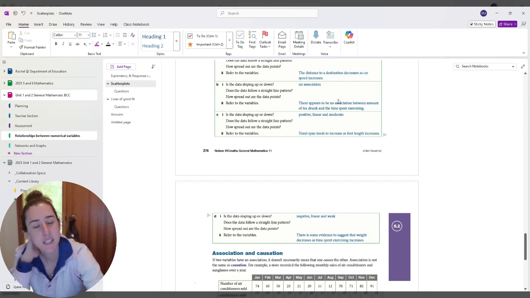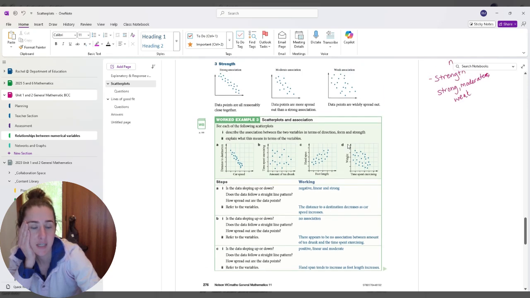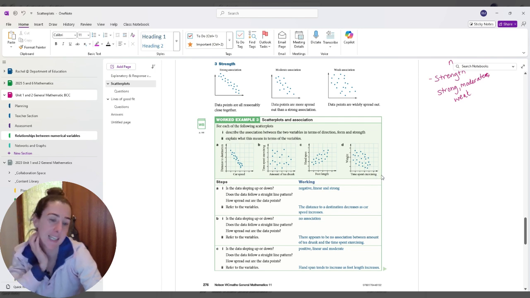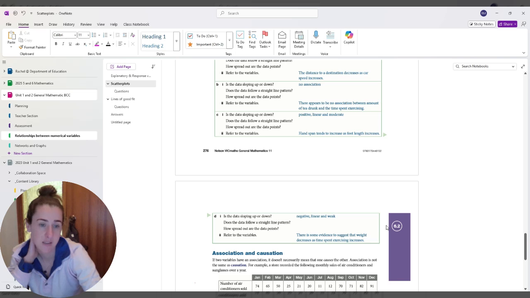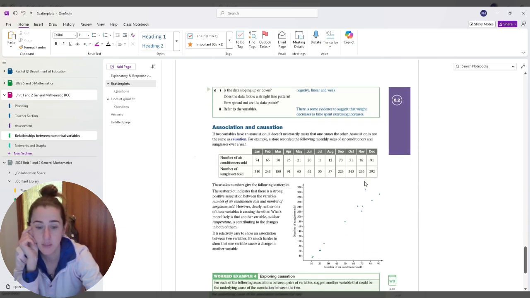So can you see the difference in the wording here? So we've got the word tends to for moderate, and we've got some evidence to suggest that weight decreases as your time spent exercising increases. So be really clear on the type of language that you use. These are good examples to have.